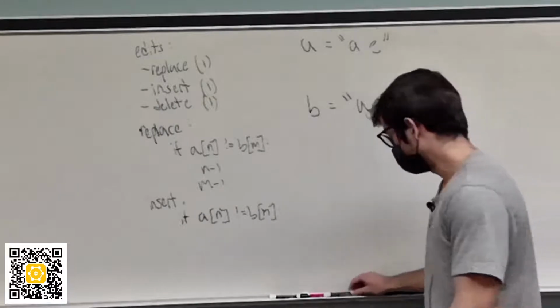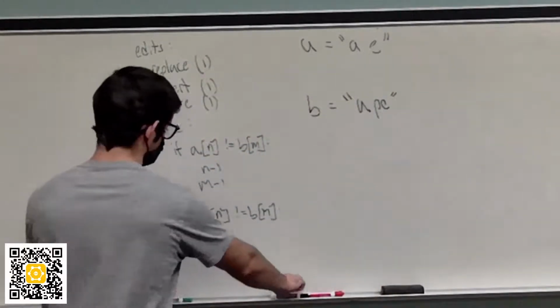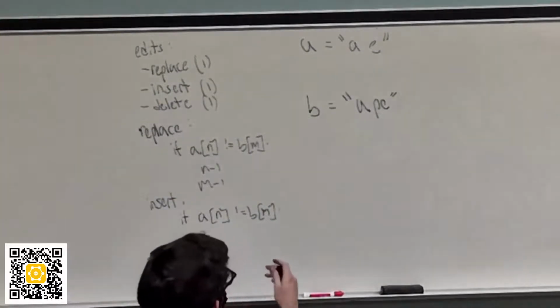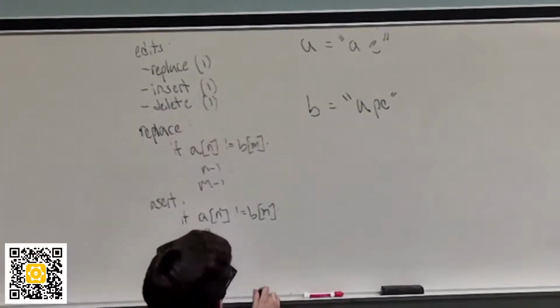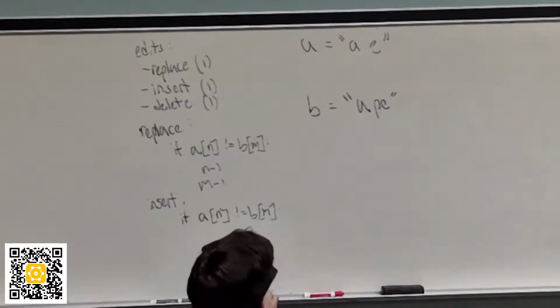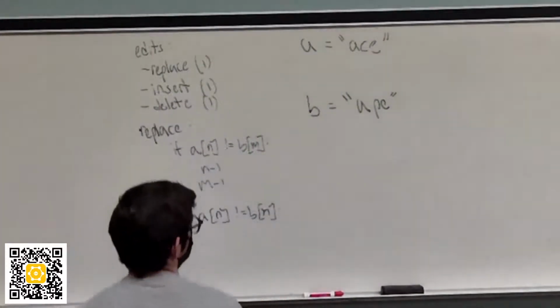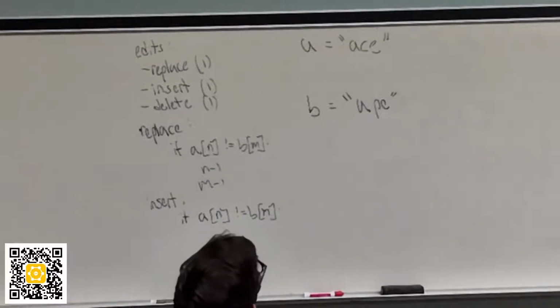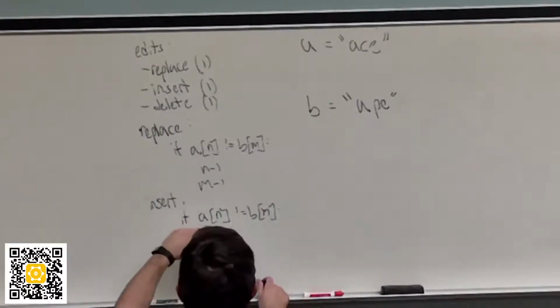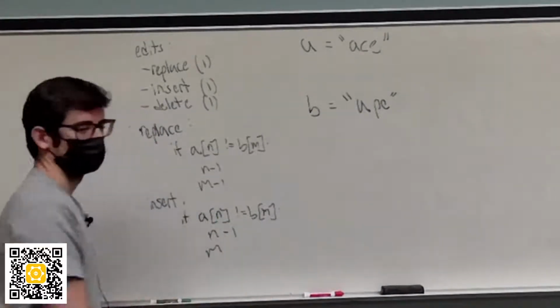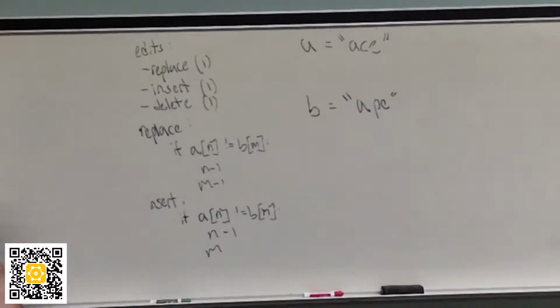Okay, cool, nice. So for insert, let's say we're trying to do B to A. It's n minus 1, and m stays the same. Right? Was this what you said? Yeah. All right, cool.